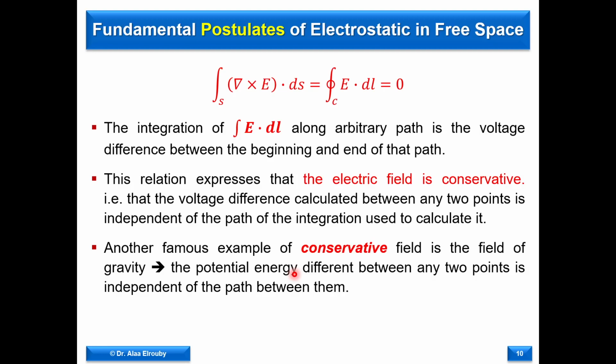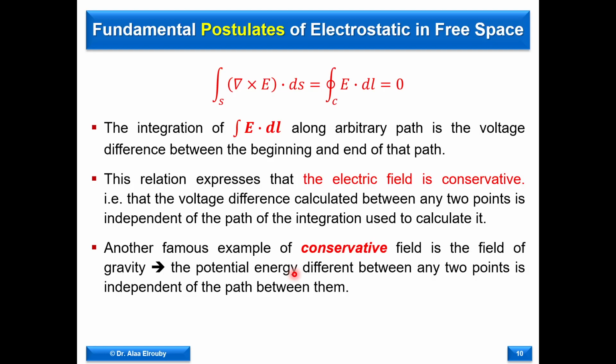If you are at the entrance of the building, you are on ground zero, so you have zero potential. If you want to go to the first floor, you must make an effort. You exert work and you gain energy. If you are carrying a ball and you lift it, the ball will go down because it has potential energy, and this potential energy depends on a single value, which is the height from the sea level.